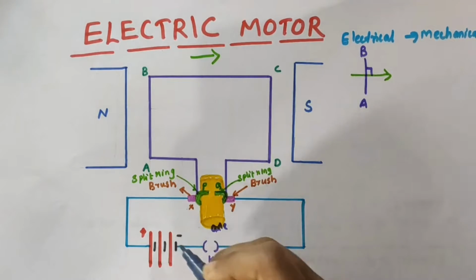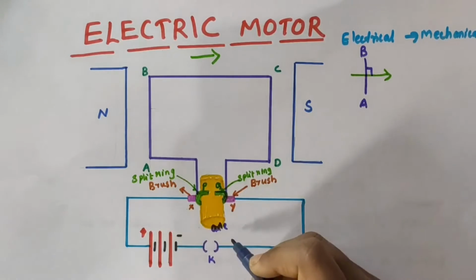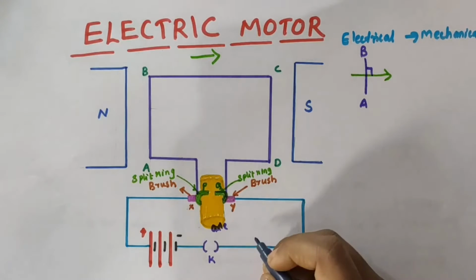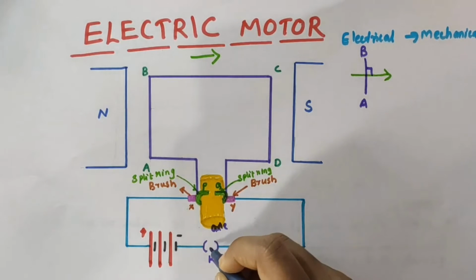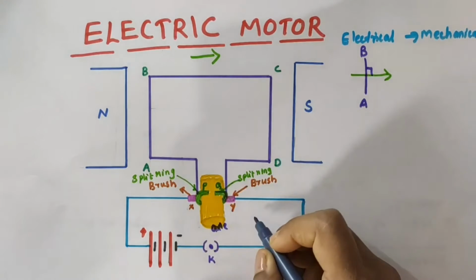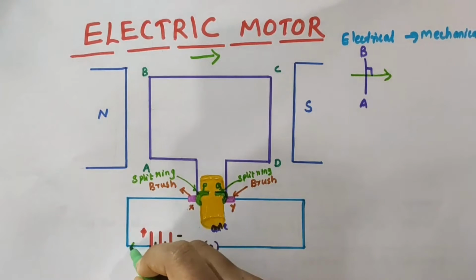Here we have a battery outside and a key connected to the external circuit, so that current is always passed through it. When the key is switched on, the dot means it is switched on. Okay, now the circuit is complete. You can see the current starts flowing from the plus sign this side.